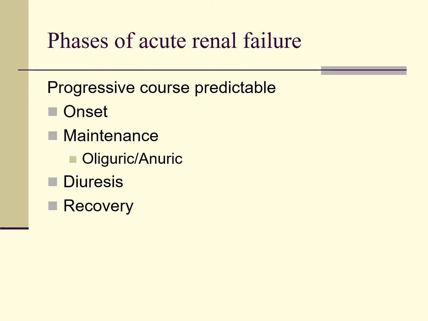So there's typically some onset symptoms. There's a maintenance phase with less urine produced. Then the phase where the kidneys start to generate urine again in very large quantities, and then where the kidney is actually recovering. So let's break this down a little bit.